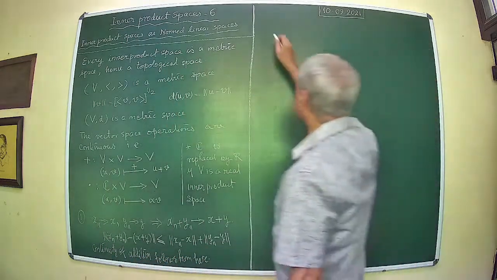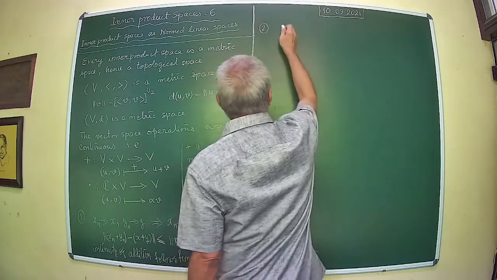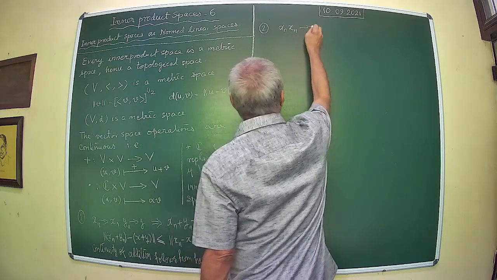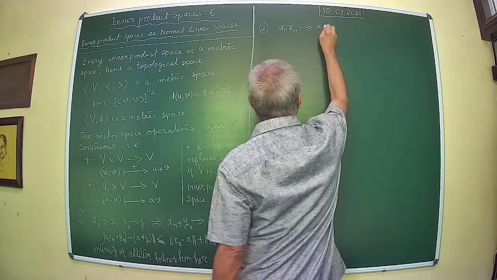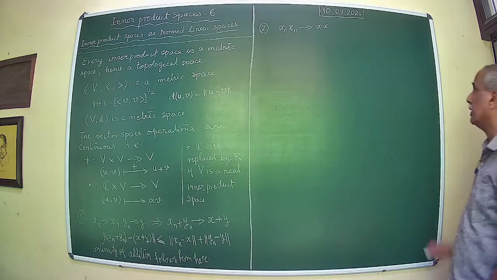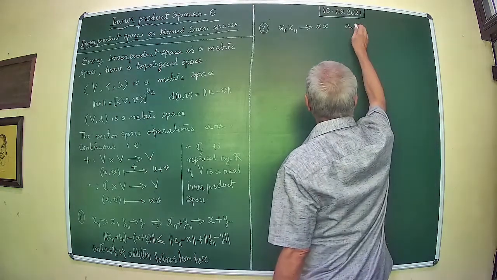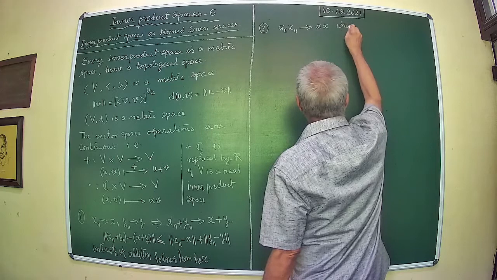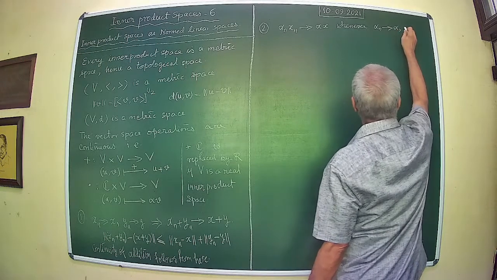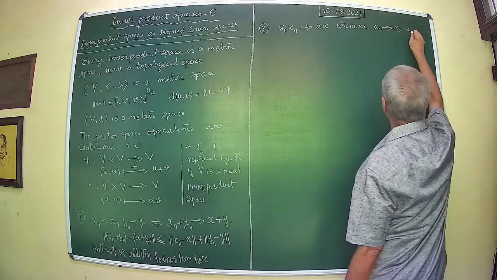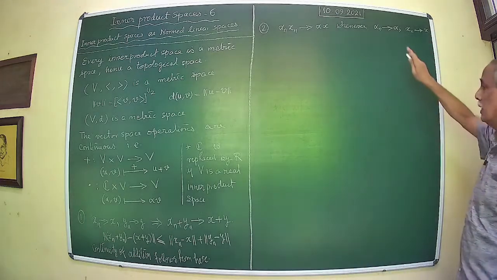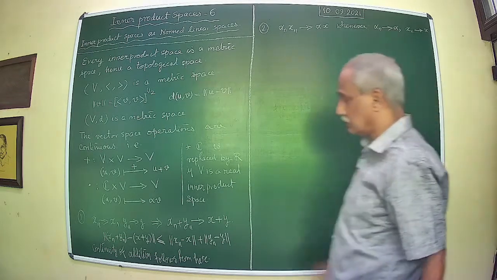The second part is about the scalar multiplication. Whenever alpha n goes to alpha, now this means that here the metric that you have is this.